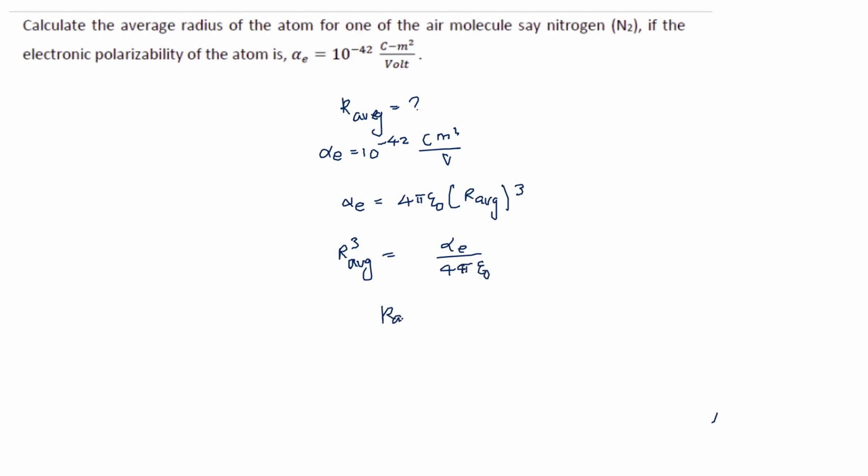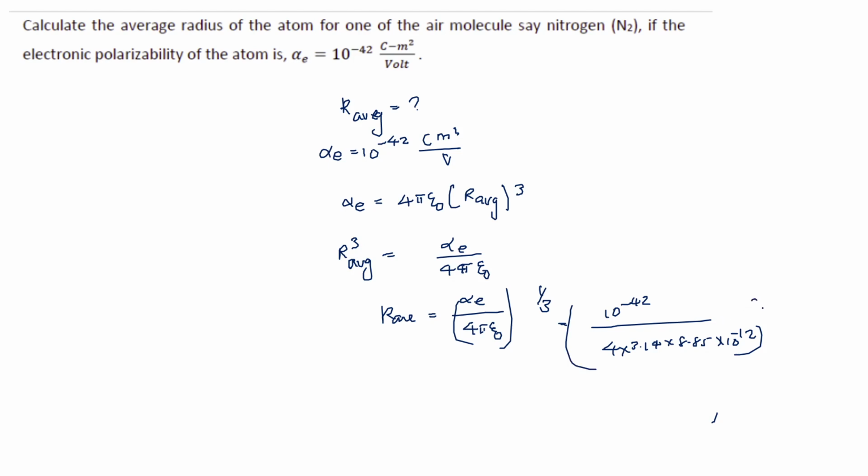Then R average will be (alpha E divided by 4 pi epsilon 0) whole power 1 over 3. Now just substitute all the values, that's it. So 10 to the power minus 42 divided by 4 into 3.14 into 8.85 into 10 to the power minus 12, whole power 1 over 3. Do this and you will get the value of R average.